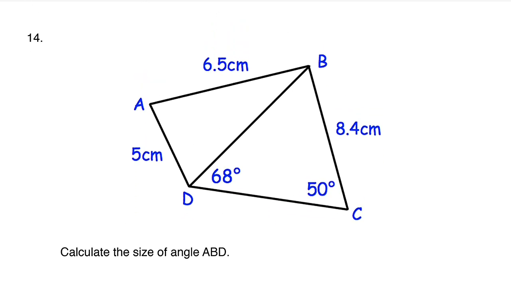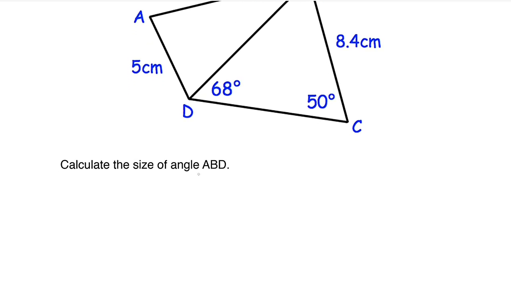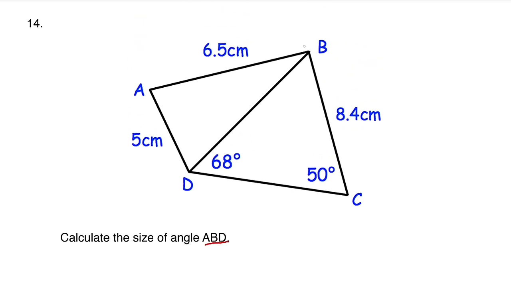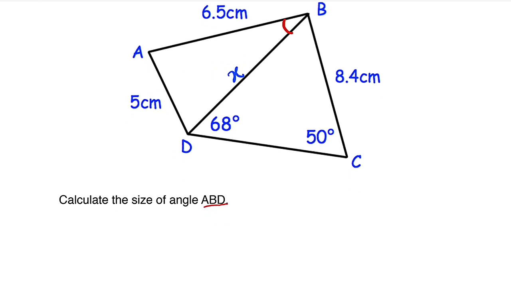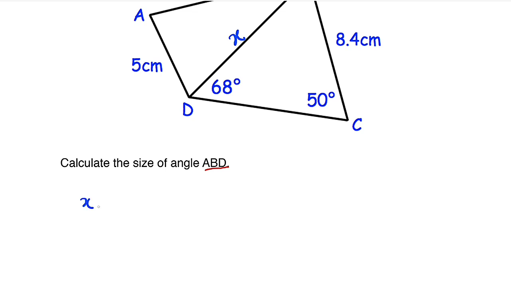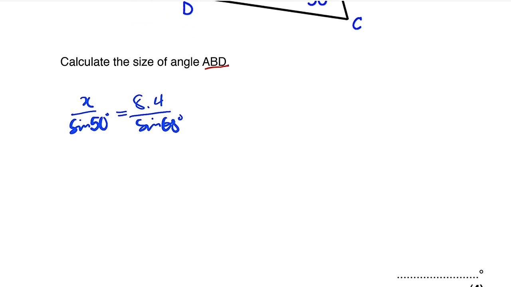Now let us move on to question number 14. We're asked to find the size of the angle ABD. Let us locate it. ABD, this particular angle here. First of all, I would like to find the side length. Let me call it x. It will be x divided by sine of 50 degrees equal to, let me use this side, 8.4 divided by sine of 68 degrees.